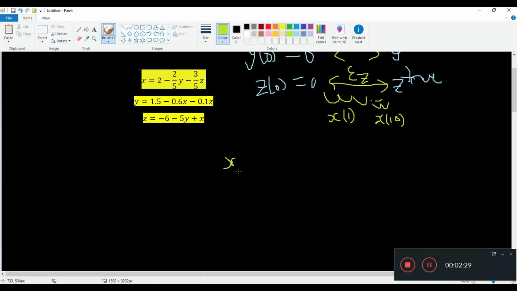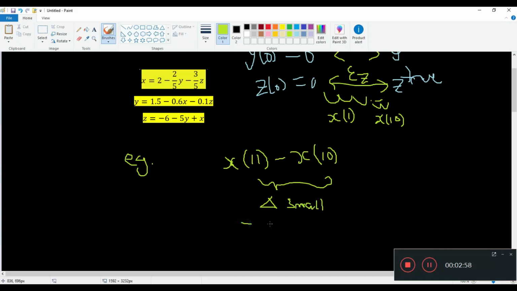Residuals are like the difference between, let's say, your iteration 11 and iteration 10. So your iteration 11 minus the value of the 10th iteration. If this difference is small, then I would say this difference is called the residual.